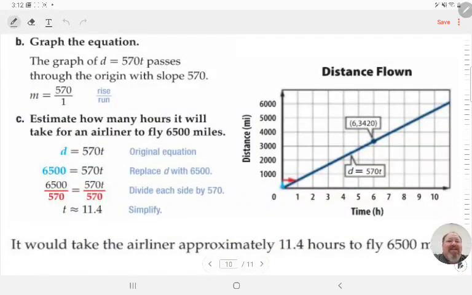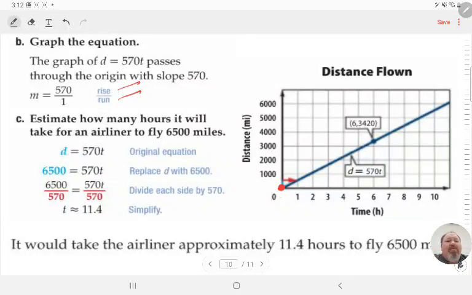Now I can take that information, and it says to graph the equation. So I'm going to graph d equals 570t. We know it's going to pass through the origin, and we know that it's going to have a slope of 570, because k is the slope, and 570 is in the k spot. So we would take that 570, put it over 1, and that's the rise over the run.